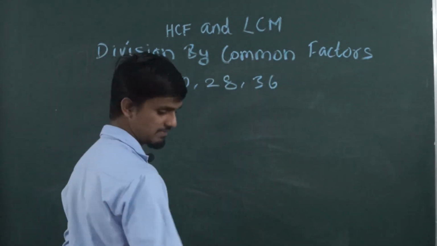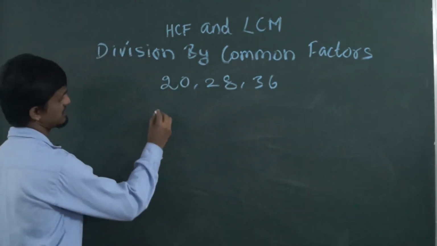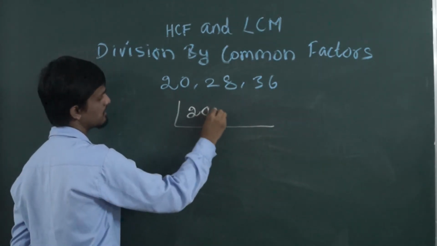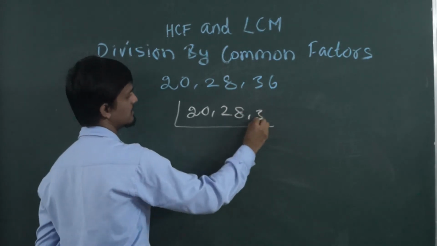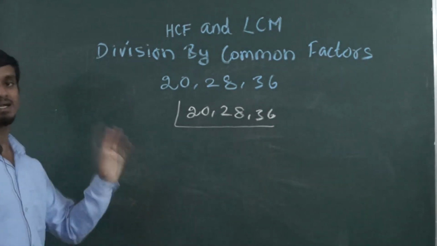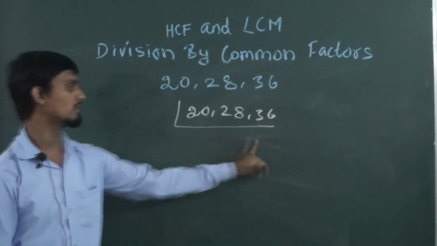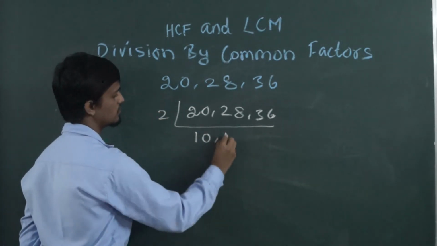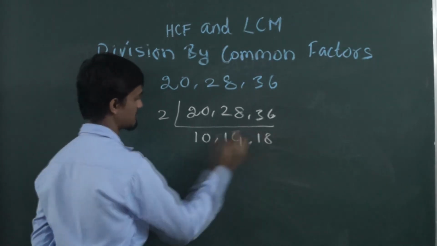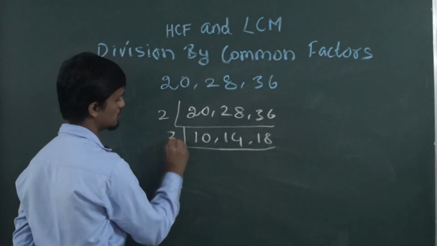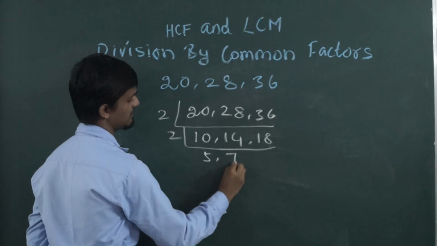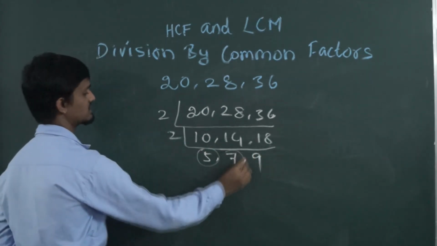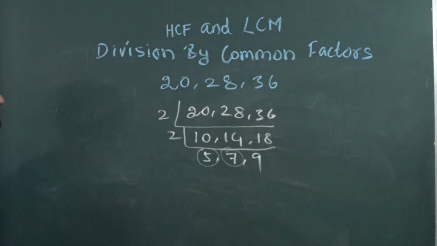It is one of the very simple methods. If you take a number, it has to divide all the numbers equally. You take first 2: 10, 14 and 18. Again you can divide by 2: 5, 7, 9. 5 is a prime number and 7 is a prime number, so you cannot divide more than this.